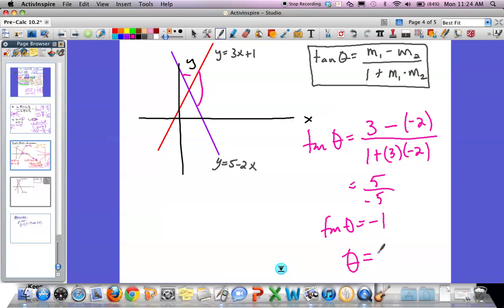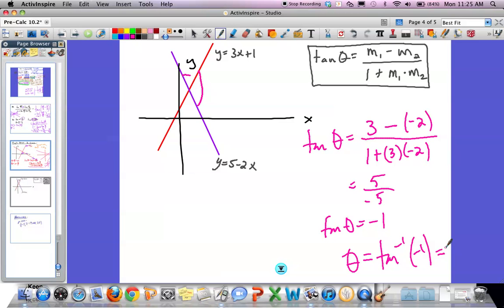So I know that my angle, if you do the inverse tangent of -1, what does your calculator say? Let's go with degrees, and we'll talk about radians as well. Do we know that one off the top of our head without using our calculator? I want you to use your calculator, but it's quicker without. Remember, when you do the inverse tangent, you're going to get an answer that's either in quadrant 1 or quadrant 2.